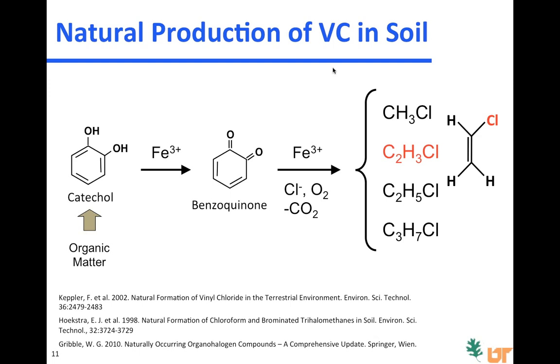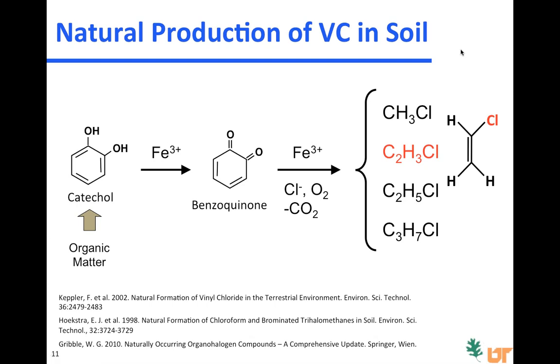I go even a little further, specifically talking about vinyl chloride. And this has been documented in different publications, different approaches. In soil, you have organic matter that can be degraded to catechol. And in the presence of iron, you can form benzoquinone. And again, in the presence of ferric iron and oxygen and inorganic chloride, you can, under abiotic reactions, generate chlorinated organic compounds, including vinyl chloride.